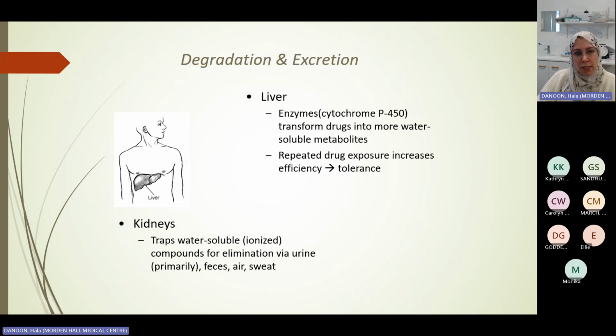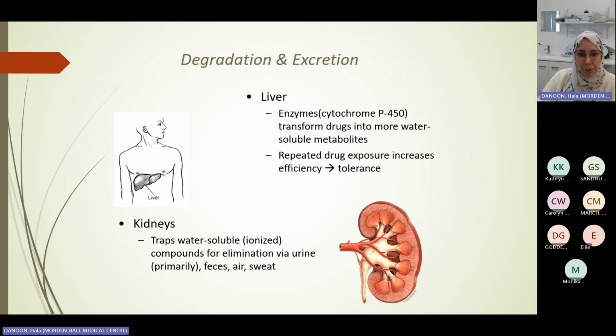As I said, as the metabolites change into a more water-soluble metabolite, the kidneys will then eliminate it through the fluids that get excreted from the body, whether that is through the urine, which is our primary excretion system, through feces, which is more through the metabolite, if they go into the bile and then get excreted into the gut, through air, through exhalation, and through sweat.